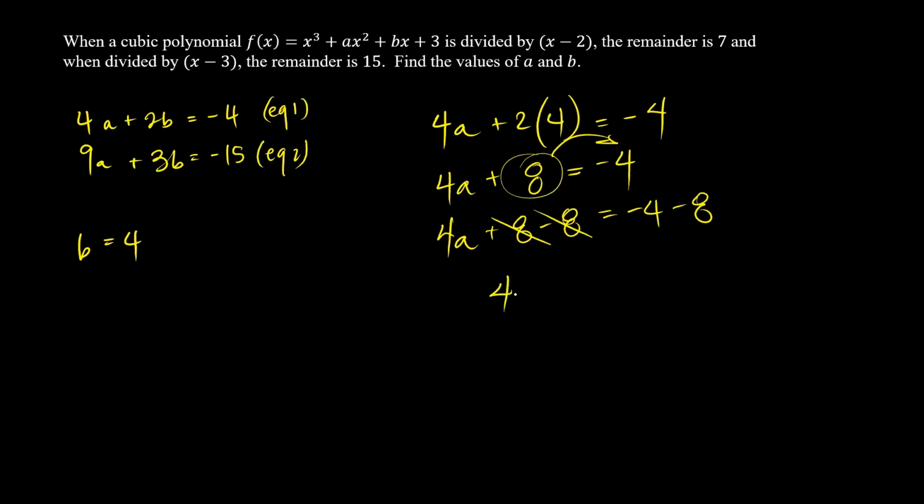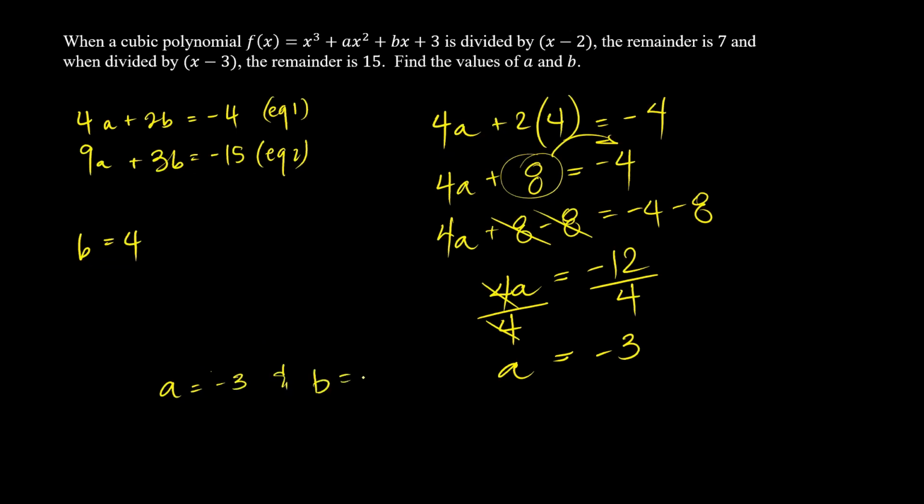So 4a is equal to negative 12, yeah? 4 plus 8 is 12. So divide by 4 on both sides to get rid of that 4. So we can get a is equal to negative 3. So the value of a is negative 3 and the value of b is 4.